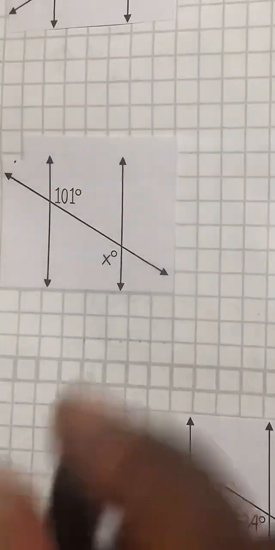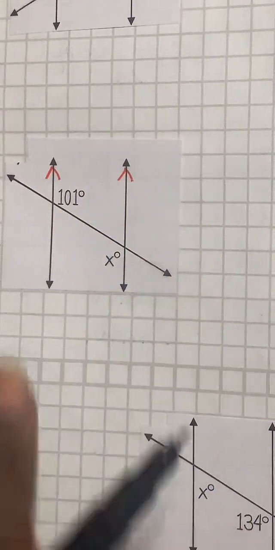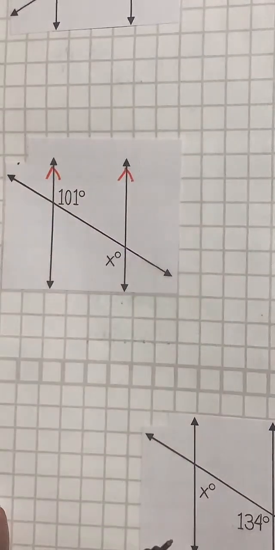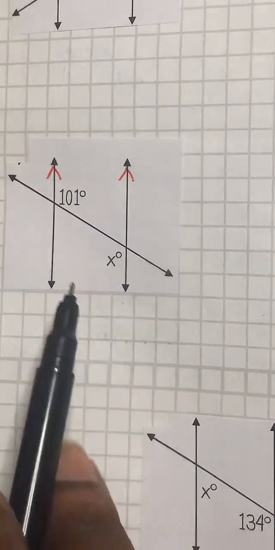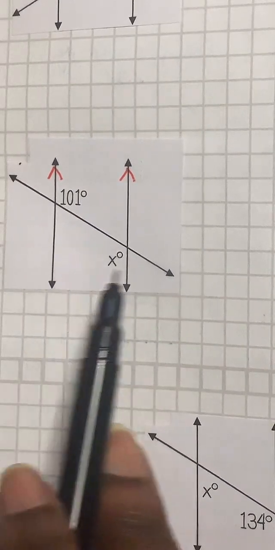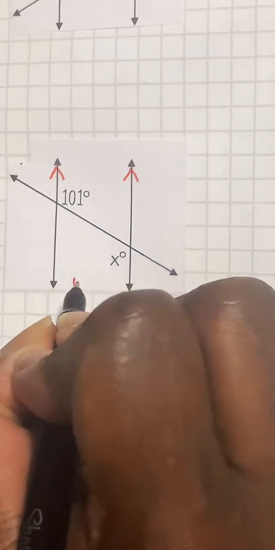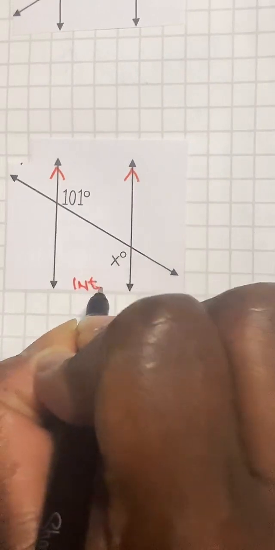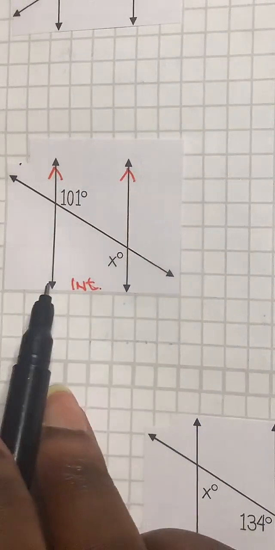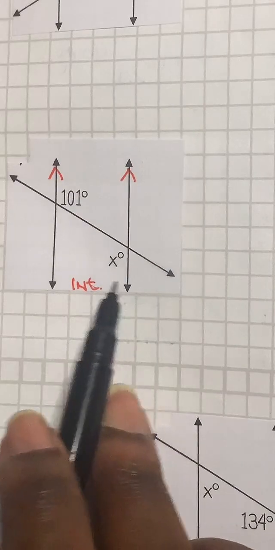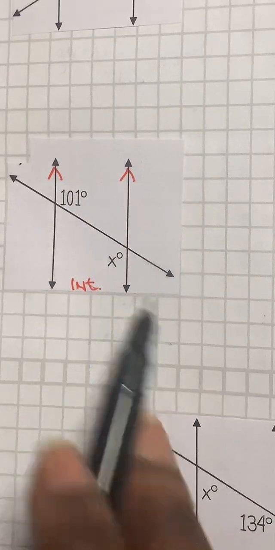So again, if we want to give the indication, here are your parallel lines, cut with a transversal. So if these are your parallel lines, that means in here, this is going to be your interior. Okay, this is basically the deliciousness inside of the sandwich.